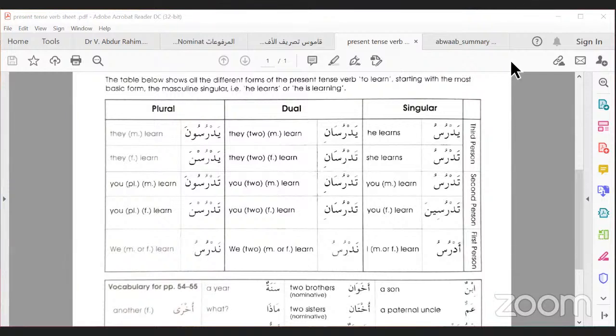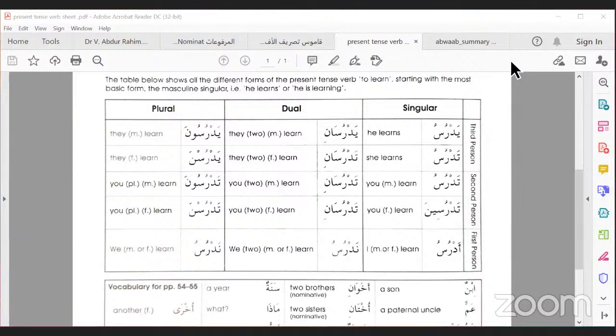All right. I learn. I learned adrusu. You learn female. Tadrusina. You learn male. Tadrusu. She learns. Tadrusu. He learns. Yadrusu. Good. They both male learn.